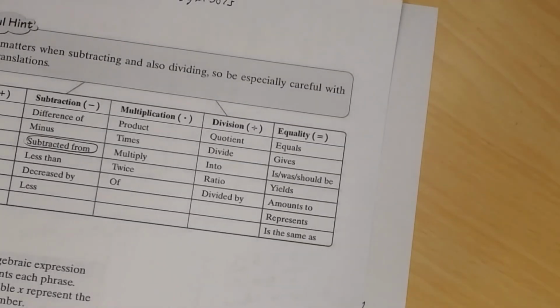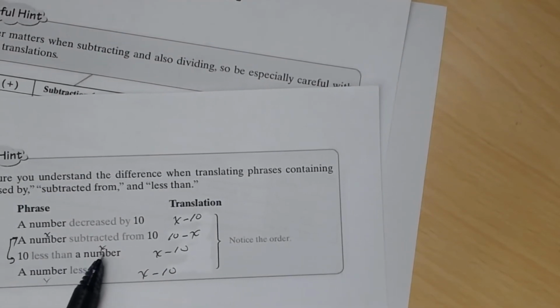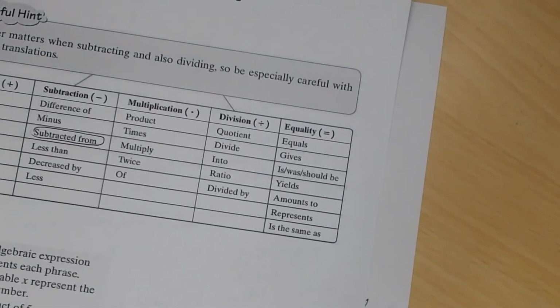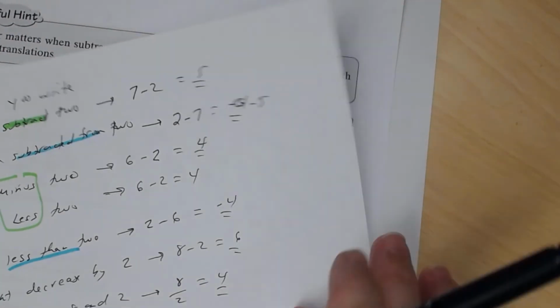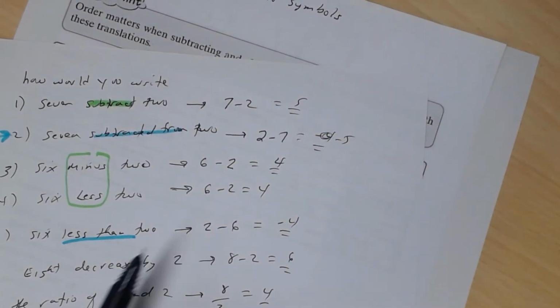So remember when we did this, I always go back to this example right here. So 10 less than the number. Remember, less than, you go backwards. So this number is going to be listed first. So 10 minus x. Same thing here that we did here. So remember less than? 6 less than 2 means 2 minus x.